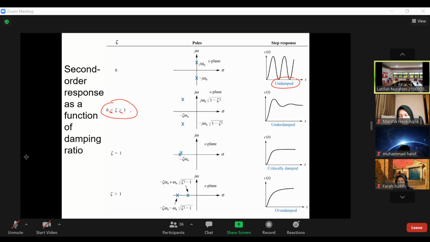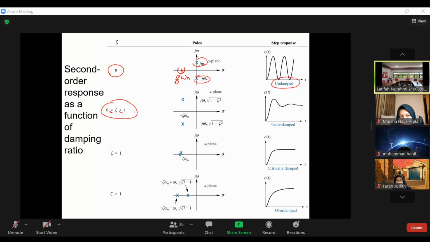So here is the case when you have complex poles, okay? All right, so I forgot to tell you. In the case of undamped, because you don't have zeta, right? Because here, zeta times omega n. If zeta is equal to 0, there is no real component, right? There's no real component. So what you have is only omega d.